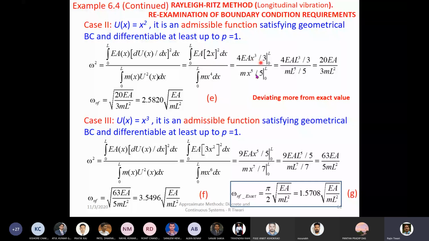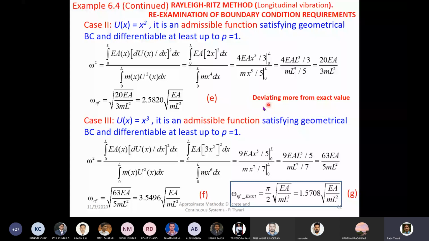The square of that, if we simplify, gives 20a by 3 ml square, and if we take the square root, we get 2.58. Compared to the exact one, this deviates more. Even though we took a higher degree polynomial, the solution is deviating more.